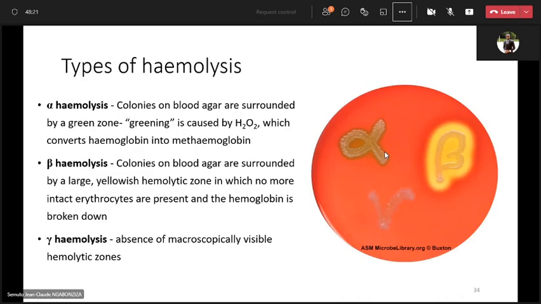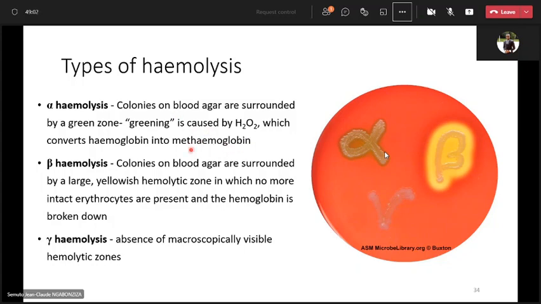By type of hemolysis, as we said, you have three categories. We have beta hemolytic, surrounded by a large yellowish hemolytic zone in which no more intact erythrocytes are present. We have alpha hemolytic, which is more greening because of oxidation, which converts hemoglobin to methemoglobin.